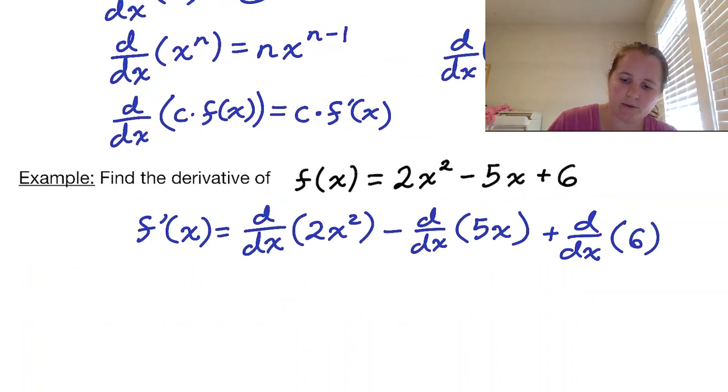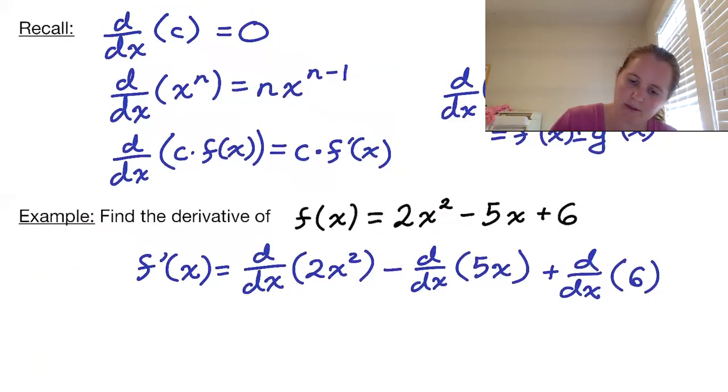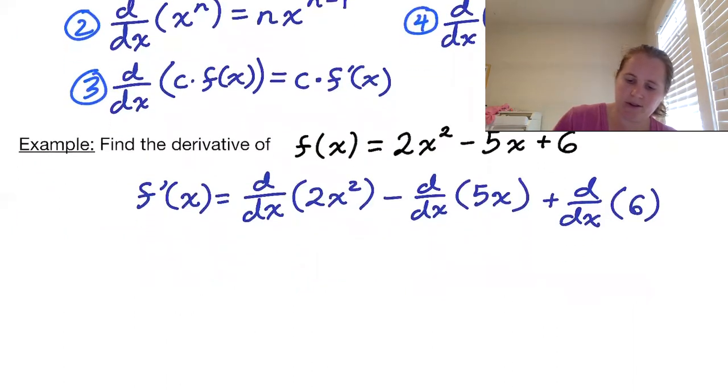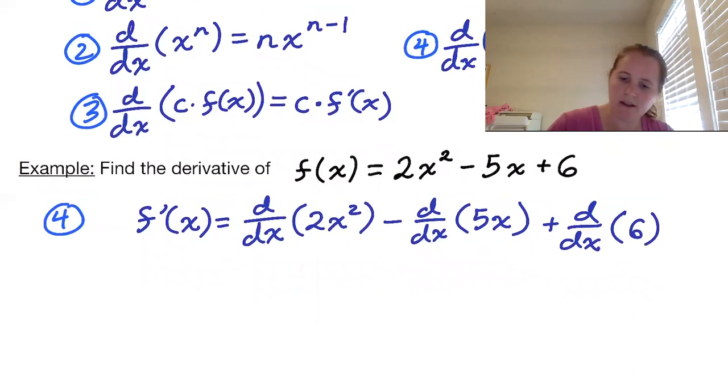So this was our rule 4. I'm going to label these quickly. So this is rule 1, 2, 3, and 4. And here we just used rule 4. Then next up, we can go ahead and pull out any scalars.